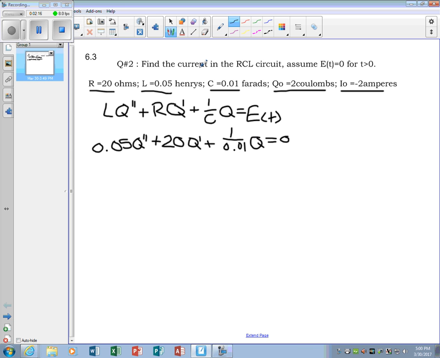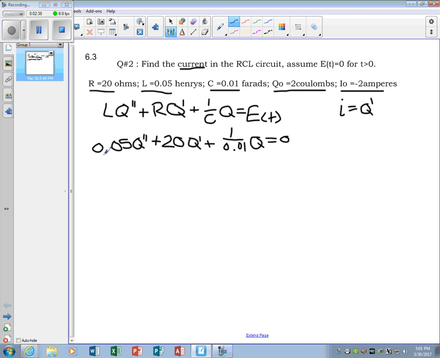The important thing to remember with this one, since we have to find the current, is that the current, and I'm going a little off base here, I have capital I over here, but I use lowercase i for current, equals Q prime.